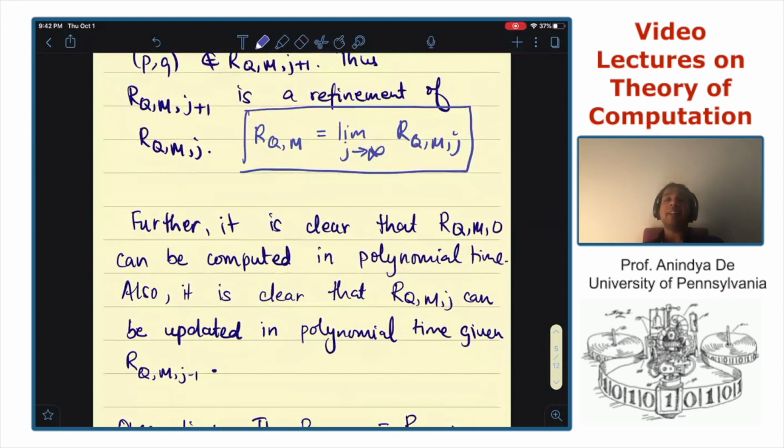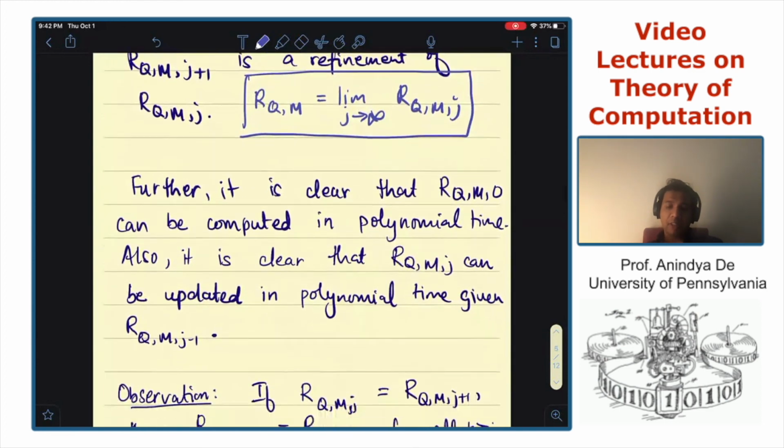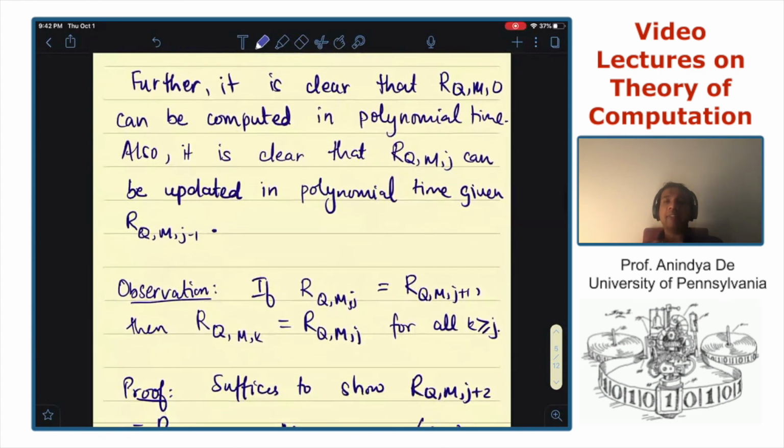So this means that given any j, I can compute the equivalence relation R_{Q,M,j}. And the running time would be polynomial in the number of states, the alphabet size, and j, because for each step from j-1 to j, you will always incur an additional polynomial time.